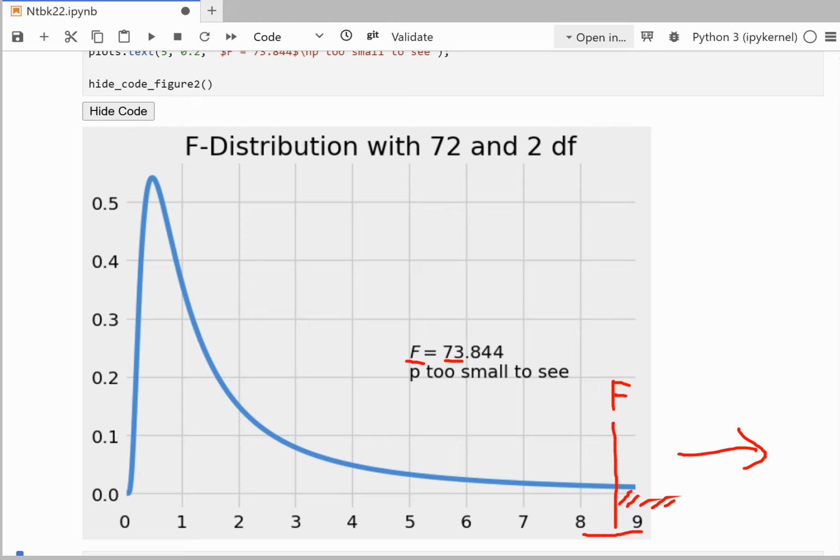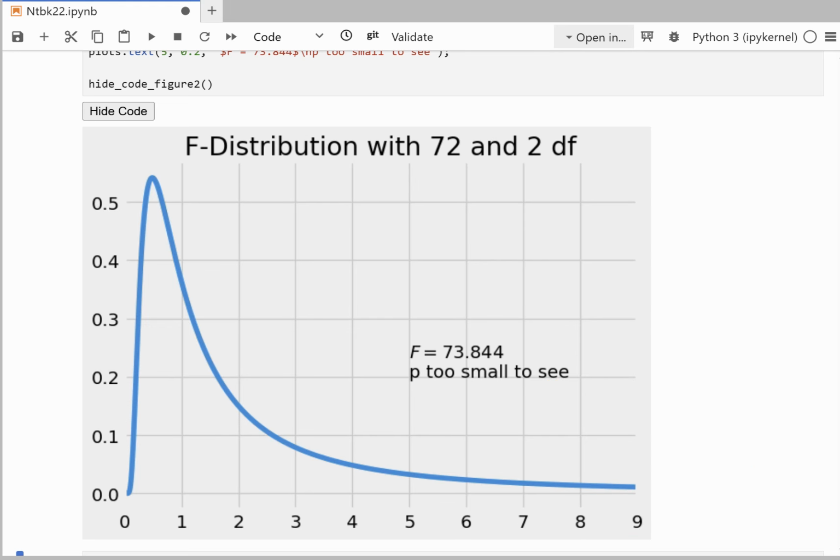So you can't even see. That's what it's saying, that the p-value is too small to see. It's just way, way over there to the right. This is what the F distribution does look like. It is not bell-shaped, but it has this peak early on, and then it tails off as it goes to the right.